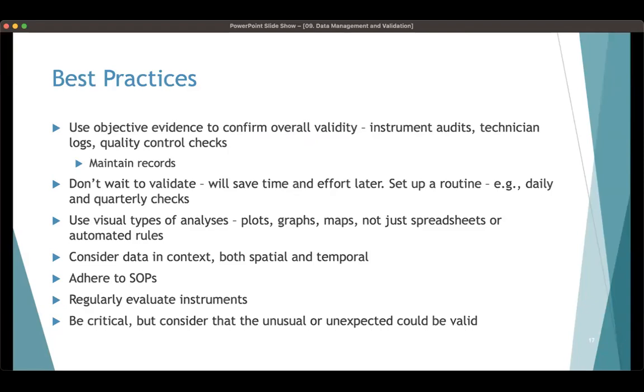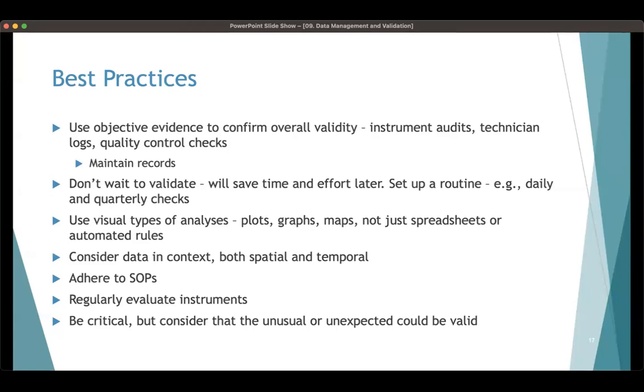So for this best practices, these are few facts which we have to consider.